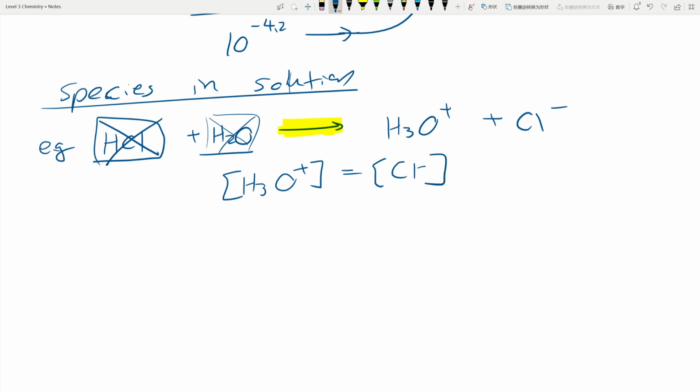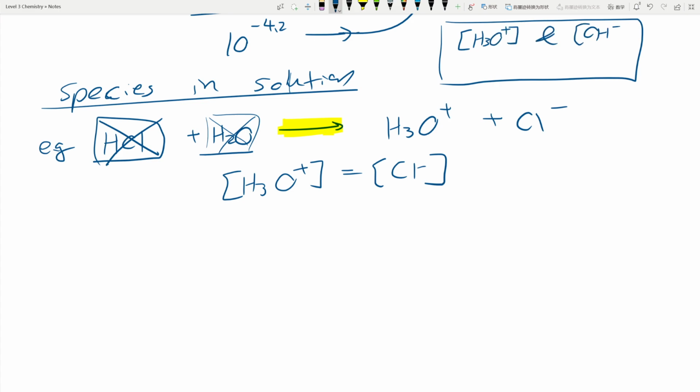Now, something you need to get used to and remember, I'm going to put this in the top right hand corner: in every single species in solution comparison, you will always have hydronium ion and hydroxide ion, even though they are not obviously present in your solution. You look at this and go, where the heck is my OH minus?